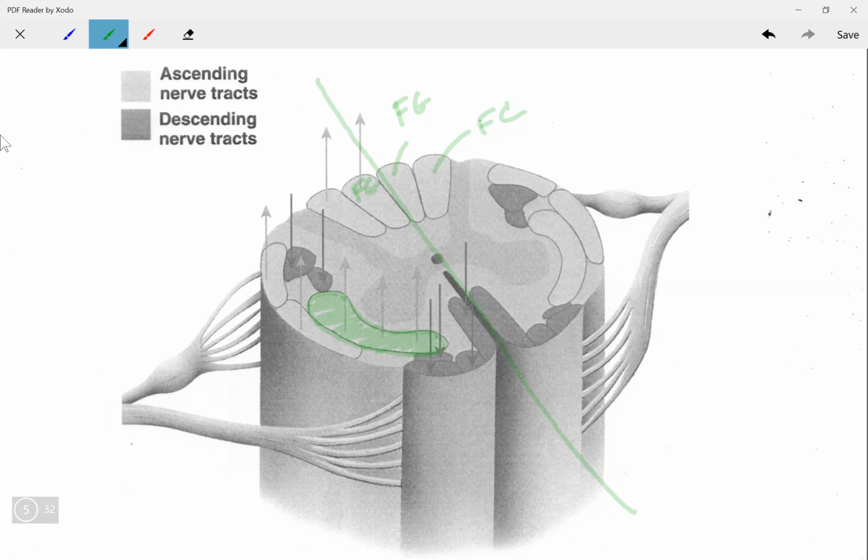This one is divided into 3 different ascending tracts, and thus the 3 different arrows there. So there's a tract, there's a tract, and there's a tract. This one is the lateral spinothalamic tract.